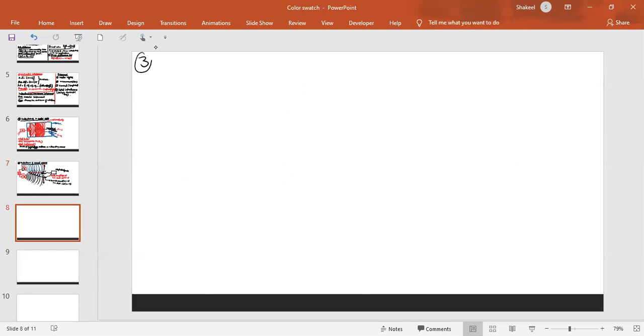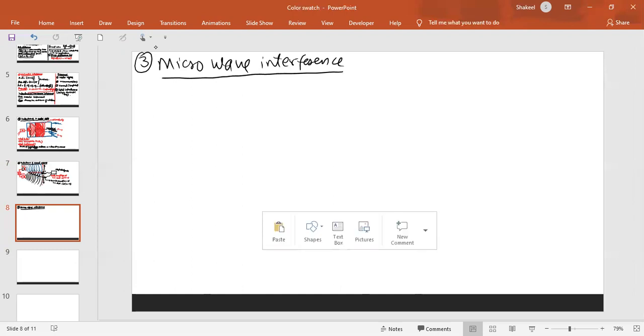Okay, number three is microwave interference. Again, for microwave interference, we will be using two sources of microwaves, and this is the symbol for the microwave.